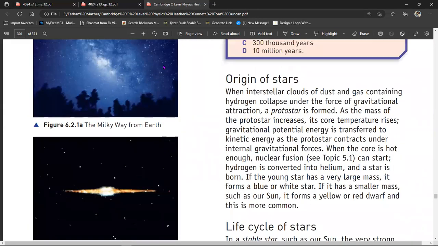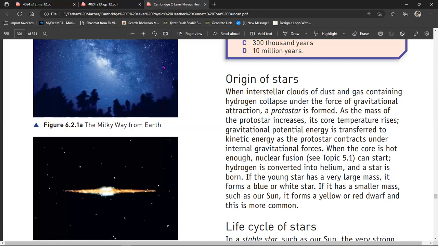Origin of stars. When interstellar clouds of dust and gas containing hydrogen collapse under the force of gravitational attraction, a protostar is formed. As the mass of the protostar increases, its core temperature rises. Gravitational potential energy is transferred to kinetic energy as the protostar contracts under internal gravitational forces.